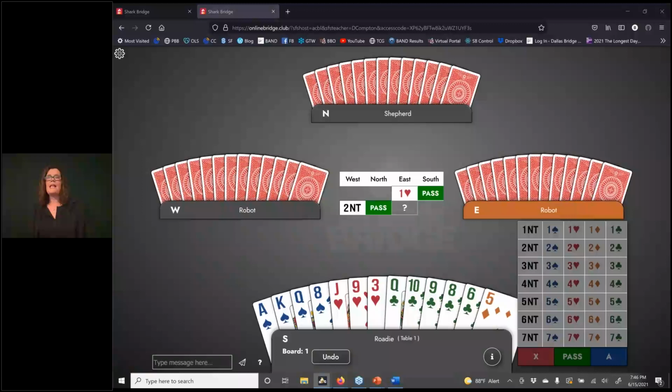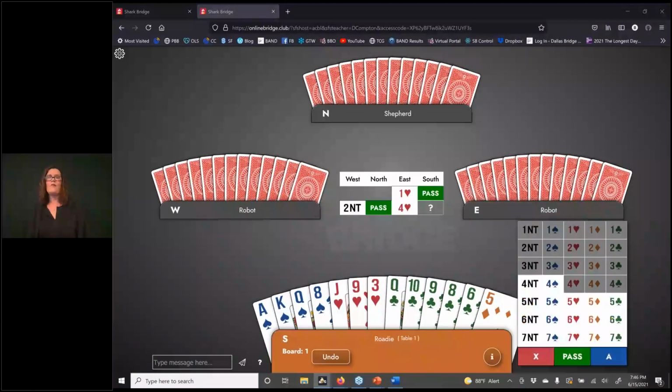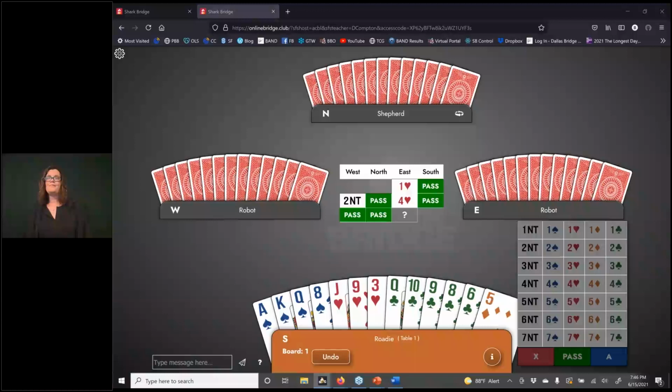North passes and East comes back and bids 4 hearts. Now 4 hearts says, hey partner, I've got no singleton, I've got no void, and I have 12 to 14 total points. Well, it goes all pass.